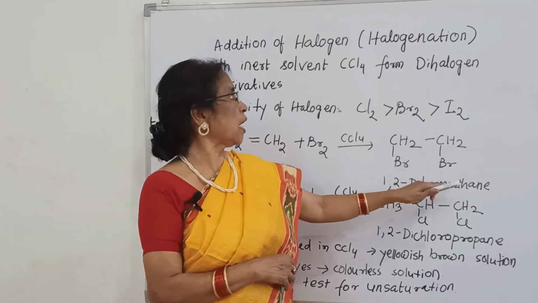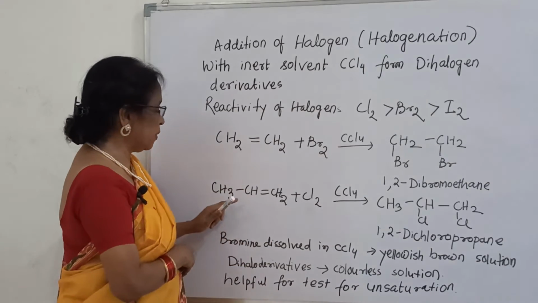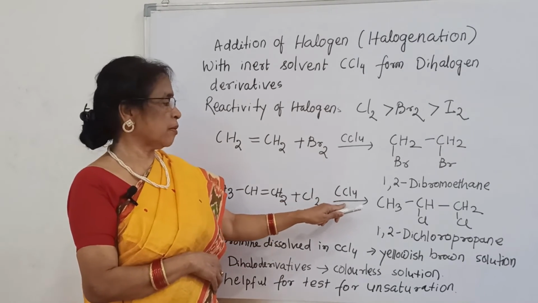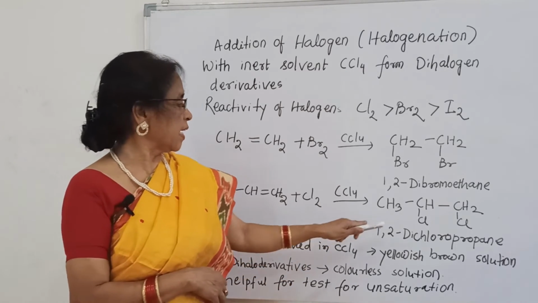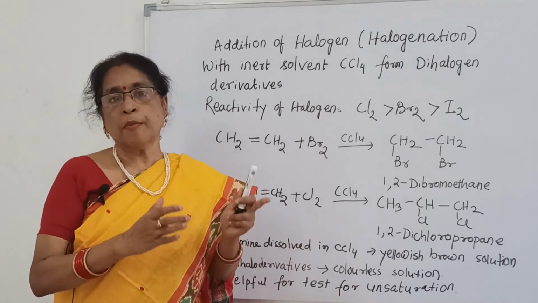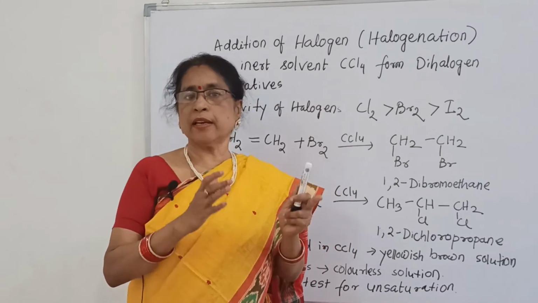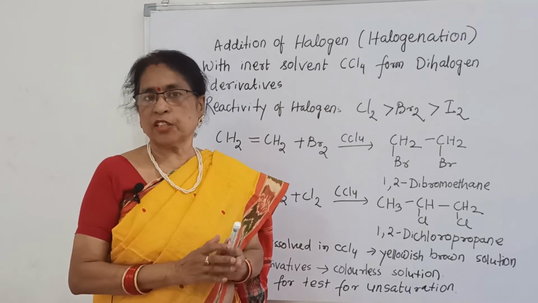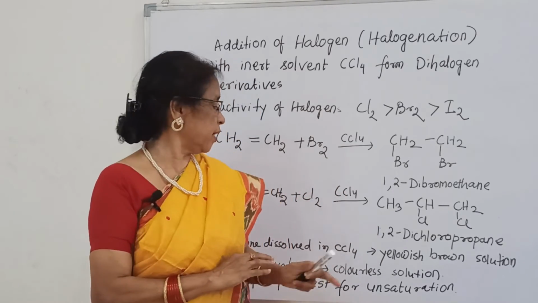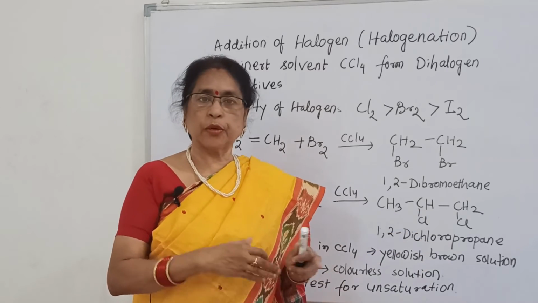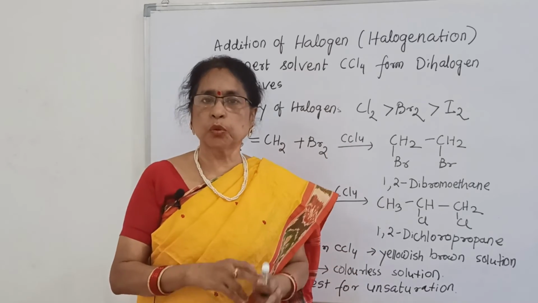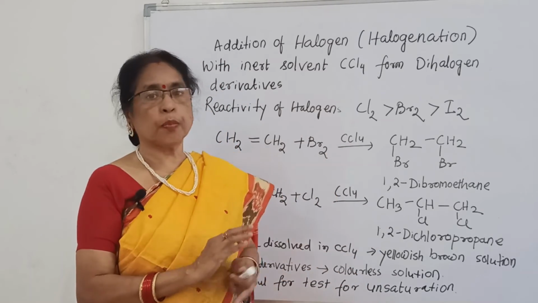In ethane, in alkane, the 1 and 2 positions are replaced by bromine halogen. So 1,2-dibromoethane. Similarly, this is propene plus chlorine in presence of carbon tetrachloride. It gives 1,2-dichloropropane, because propane is the main long chain structure of the alkane, that is 3 carbon propane, with chlorine at 1 position and chlorine at 2 position, that is why it is 1,2-dichloropropane.